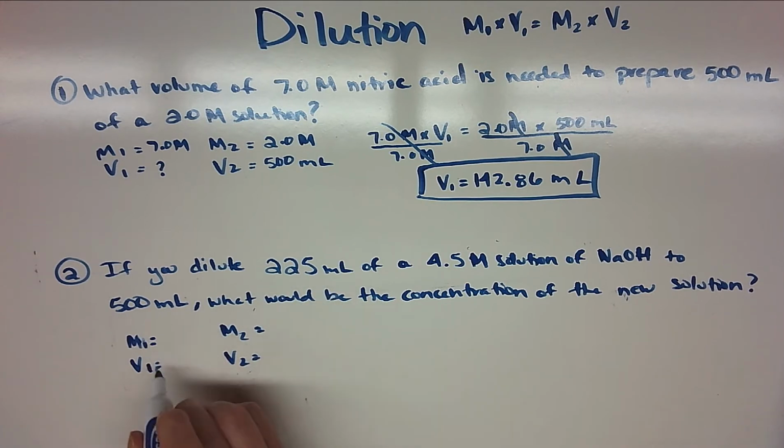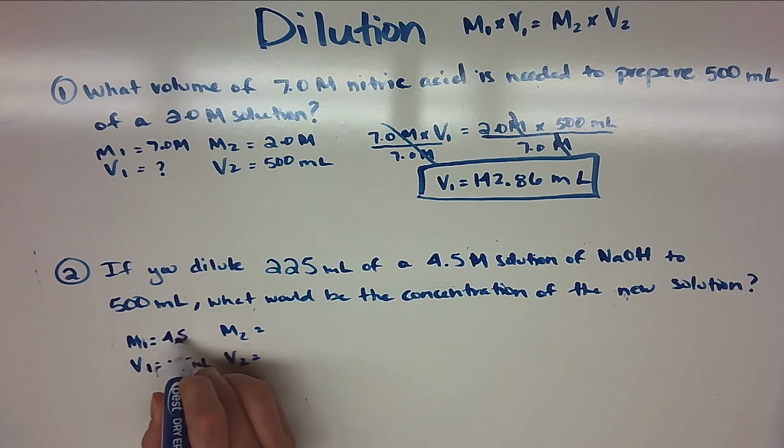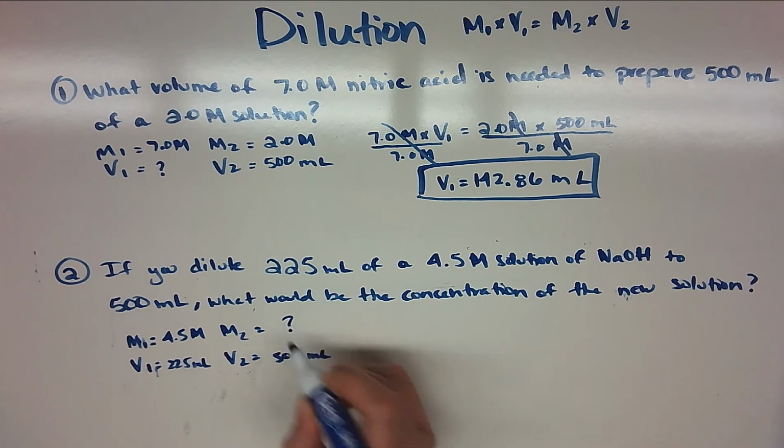I'm starting with 225 milliliters and a 4.5 molar solution. We're asked if we dilute the solution to 500 milliliters, what would be our new concentration?